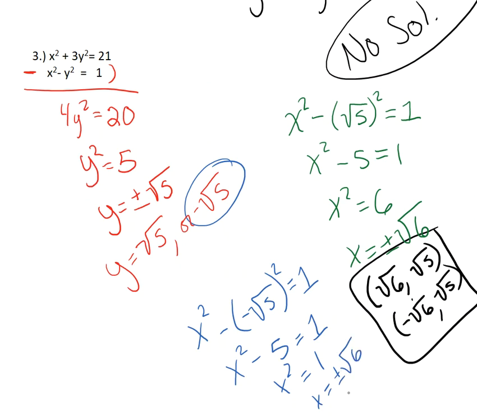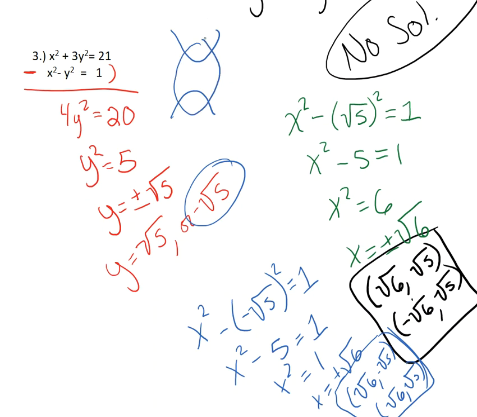But again, this is going to generate two more, which would be square root of 6 comma negative square root of 5 and negative square root of 6 comma negative square root of 5. Which, if you think about it, would be possible if I have a hyperbola and an ellipse. They can cross at 4 different points.